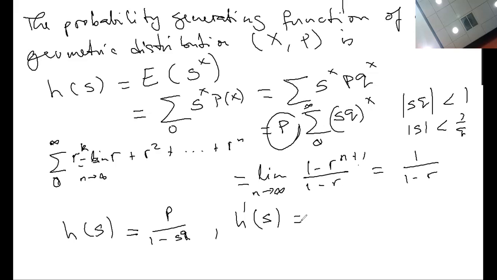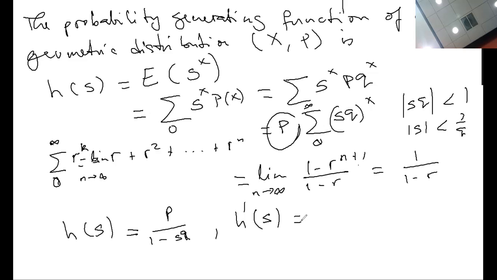So what is the denominator here? One minus sq. And what is the derivative? The variable is s. What is the derivative of 1 minus sq? q is a constant.